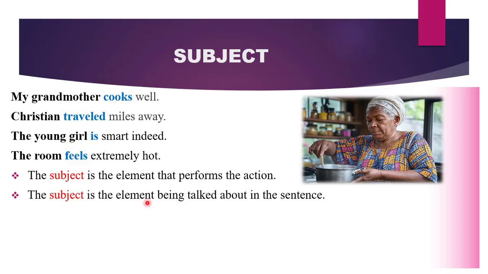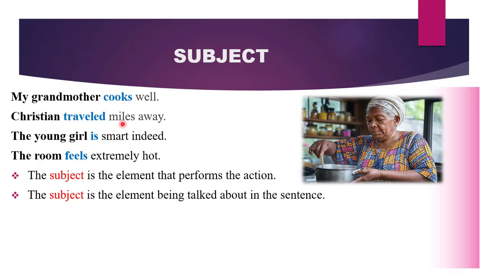Let's talk about the positions where subjects are found. Over here, we can see that all these sentences are statements. They are declarative sentences. If you have a declarative sentence, the subject will always come before your main verb. So over here, cooks is our main verb, and the subject comes before our main verb.